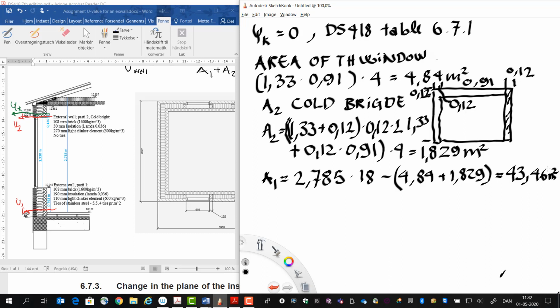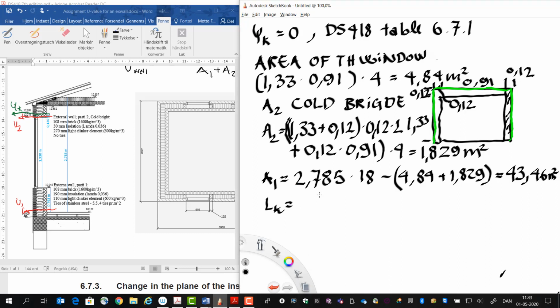And then normally I wouldn't calculate LK because psi k was 0, but now I'll just do it so you can see what LK is. And LK is the part that we have here, so the length between the two thicknesses of insulation.